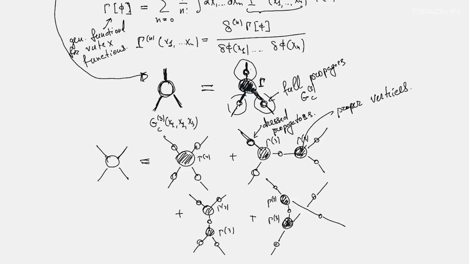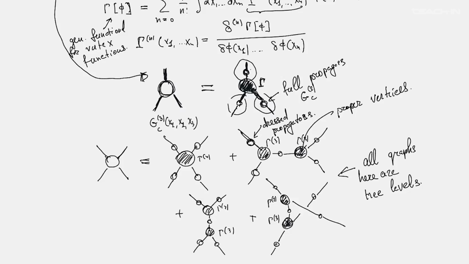And this is very important, all graphs here are tree-level, or as we call them, they are trees. They do not contain loops. There are no loops.